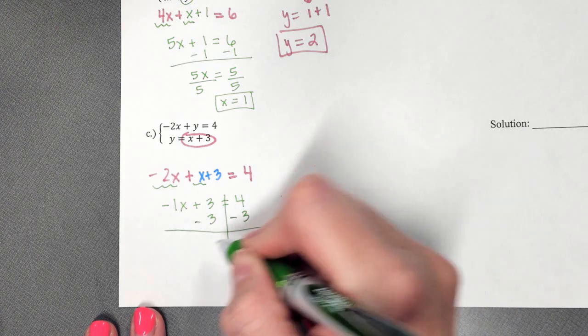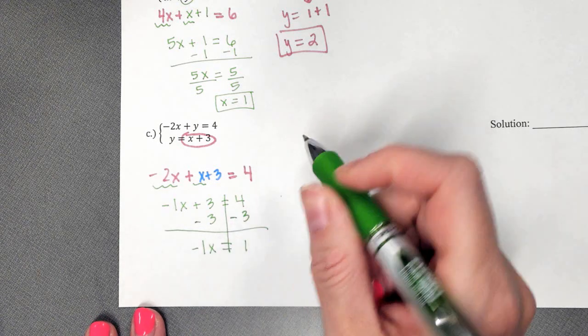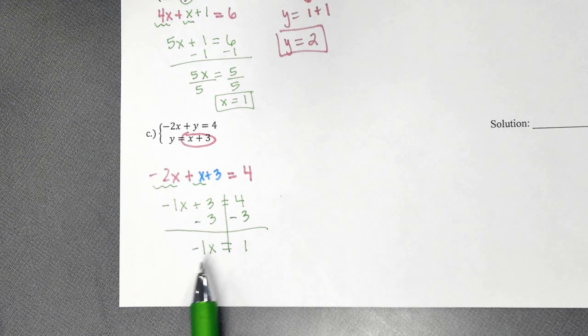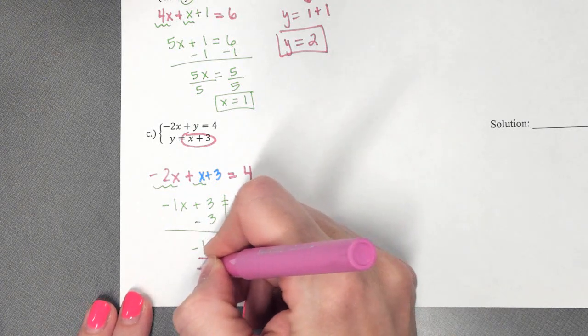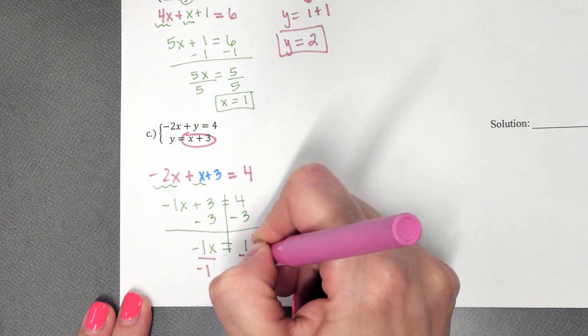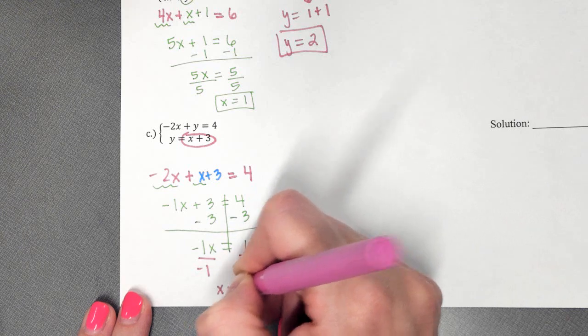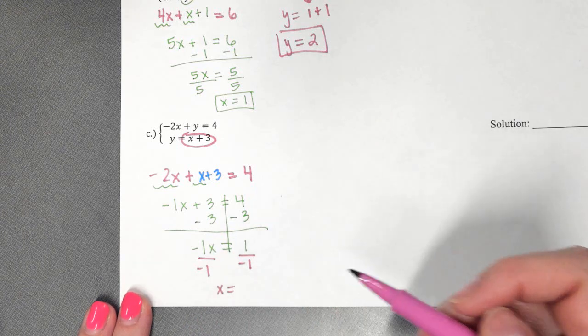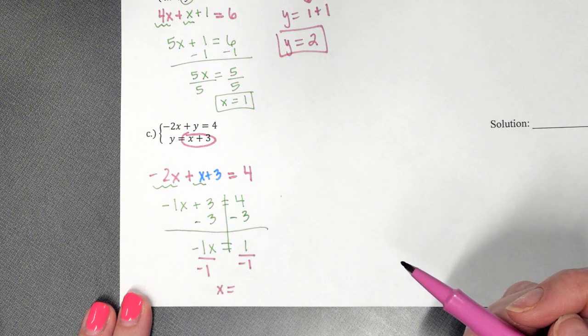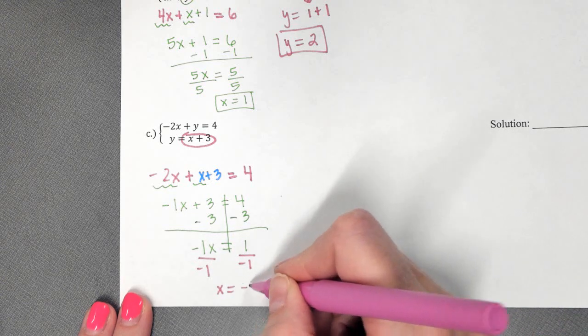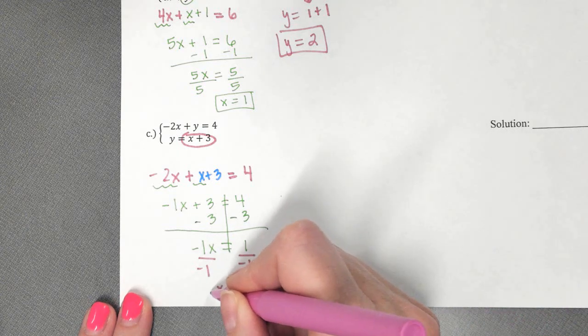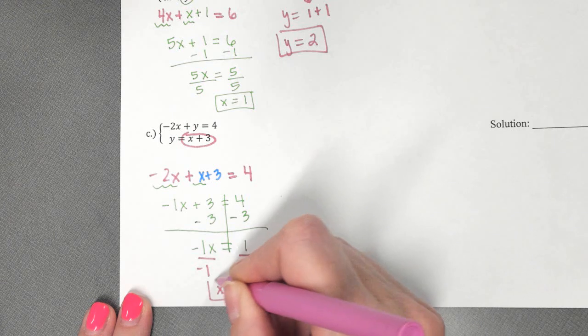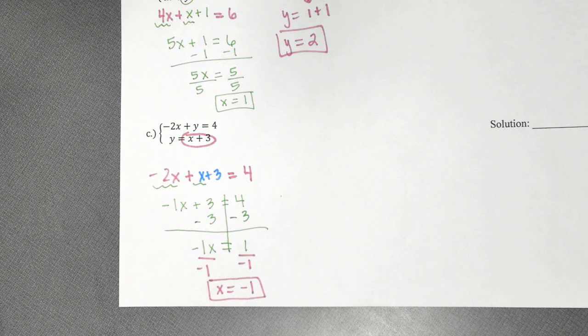One reason why I like the negative 1 is so that when you get to this step, you remember that you have to divide by a negative 1. Did you guys remember to do that? That can be kind of tricky. What is 1 divided by negative 1? Negative 1. So if you got positive 1, you probably still have that negative in front of the x. We just have to move it over.